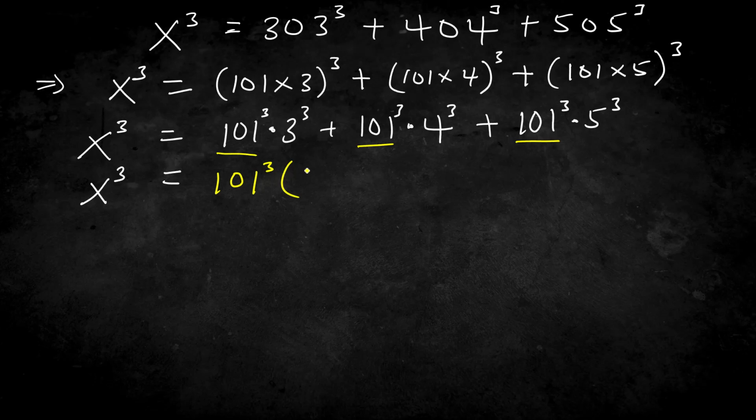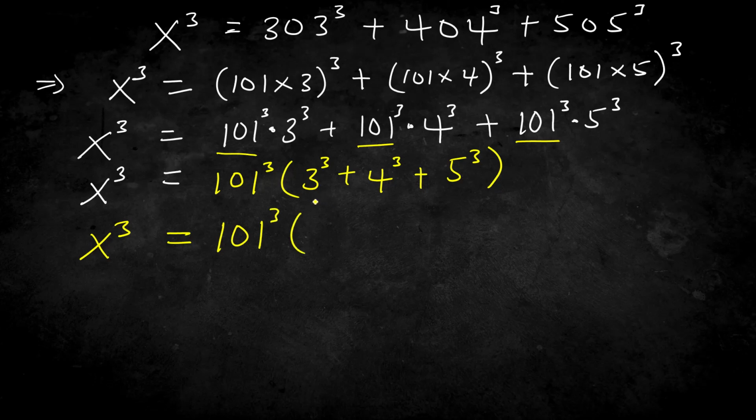This side will be 3 to the power 3, plus 4 to the power 3, plus 5 to the power 3. It's very simple. This side remains 101 cube.